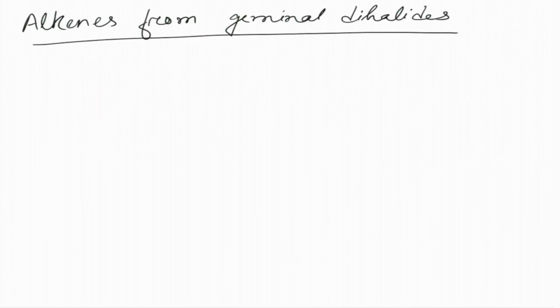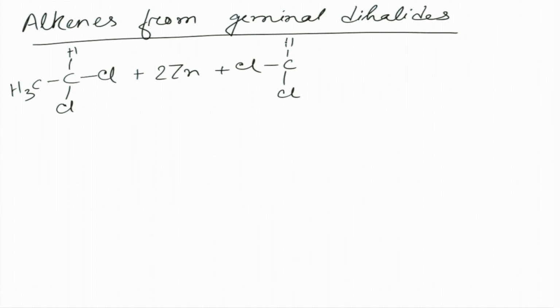So, geminal dihalide means, okay, let's say like this, and we need 2 molecules of this compound. We can write like this. Okay, 2 molecules of this geminal dihalide and 2 atoms of zinc.